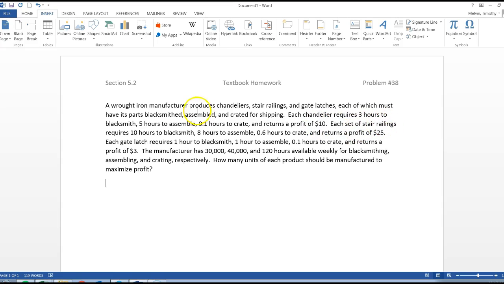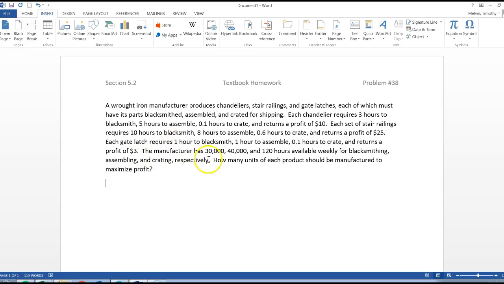Each stair railing requires 10 hours to blacksmith, 8 hours to assemble, 0.6 hours to create, and the railings get a profit of $25. Lastly, each gate latch requires 1 hour to blacksmith, 1 hour to assemble, and 0.1 hours to create, and the latch gives a profit of $3.